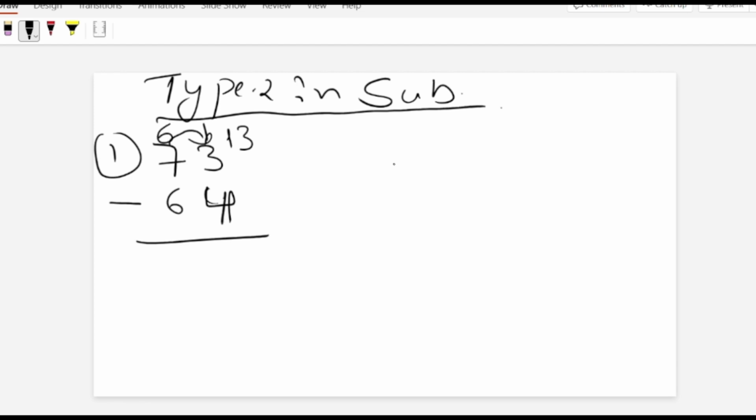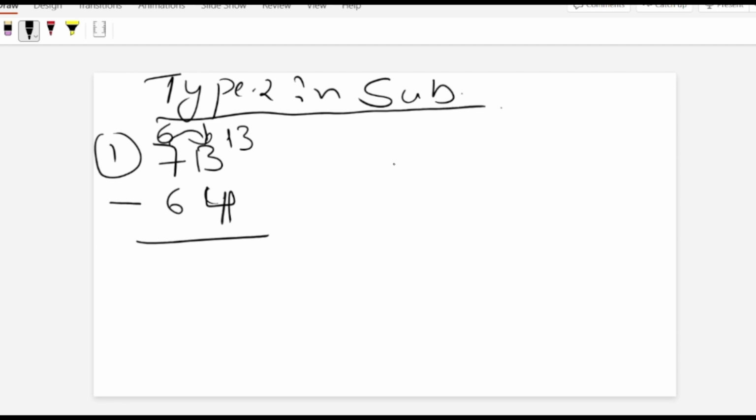Because we have borrowed 1 for the 3, it will be 13, not 4. Okay kids, not 4, it's 13. Automatically 7 becomes 6 because we have borrowed here. Why did we borrow? Because 3 is smaller than 4, we can't subtract it. I hope you understand this one.